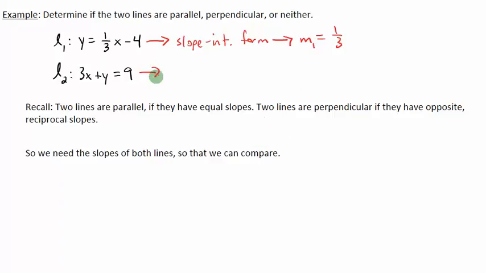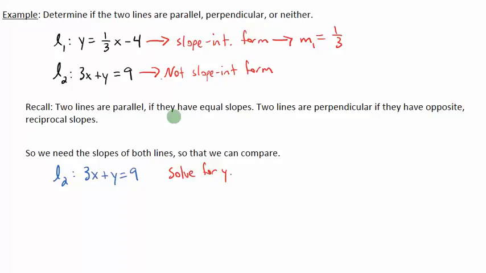However, this is not in slope-intercept form. So let's write the equation for line 2 in slope-intercept form. So let me recopy it down here. And to get it in slope-intercept form, I need to solve for y. So in this case, to solve for y, I just subtract 3x from both sides.